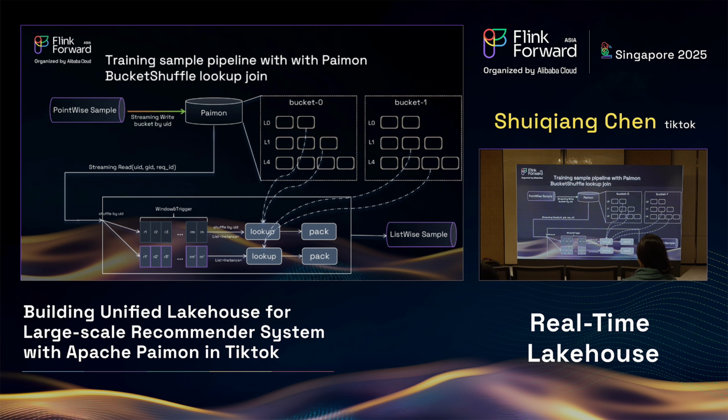Here we apply the Paimon bucket shuffle strategy to improve the lookup performance. The UIDs that are assigned to the same bucket will be shuffled to and processed by the same operator. And the join operator will build up a local query table for a specific bucket.